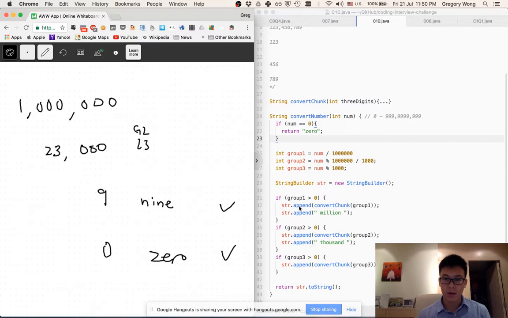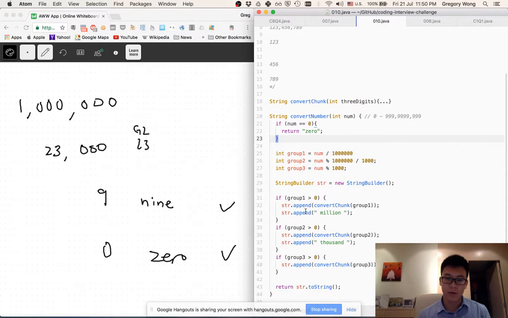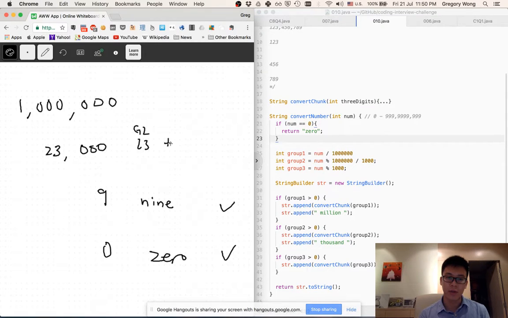So group 1 is 0. Group 2 is greater than 0, so we append group 2 converted to a chunk. We would get 23. And then we append 1,000. Group 3 is 0, we don't do anything. And we get the result 23,000, which is correct.